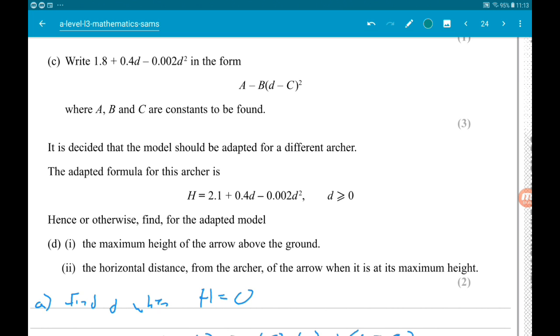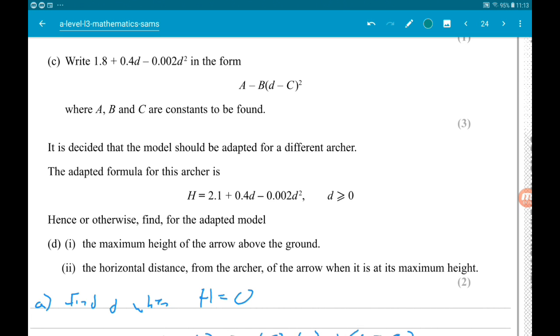So we are then asked, hence or otherwise, find for the adapted model one the maximum height of the arrow. Because the d and d squared part are exactly the same, to write this in the completed square form we would do exactly the same as we just did above, so we don't need to do it again.